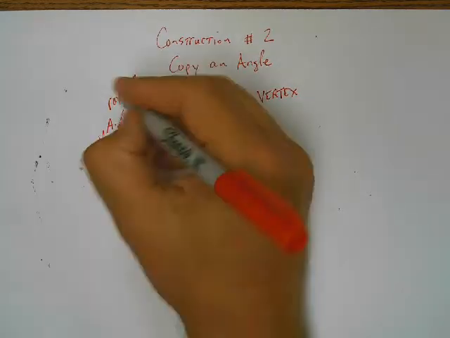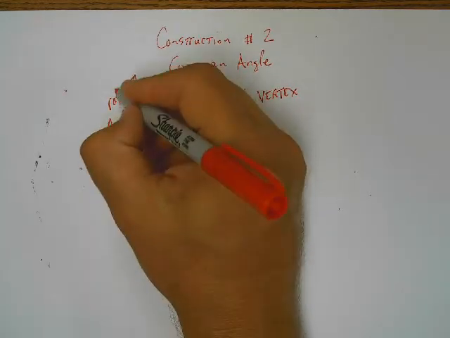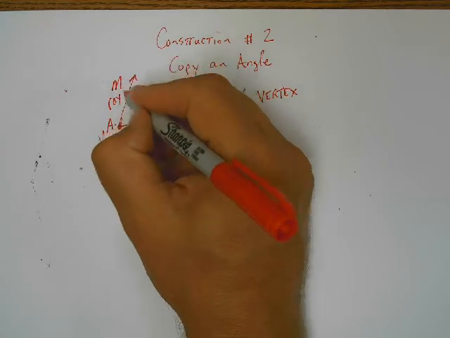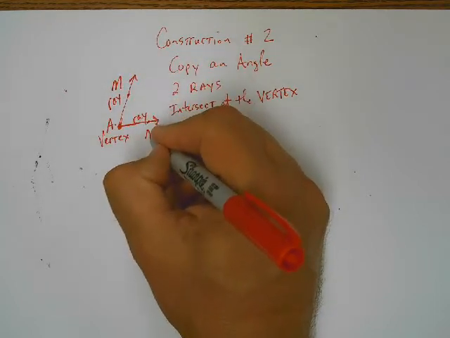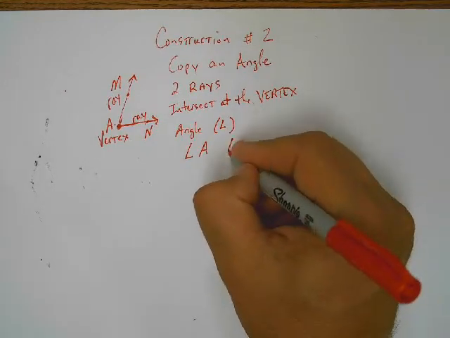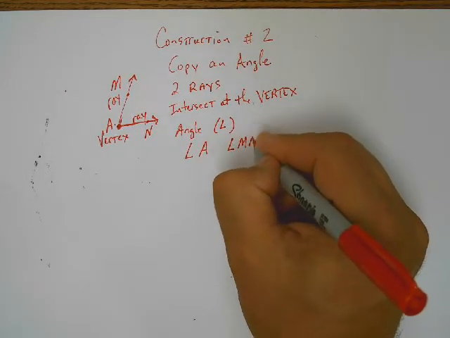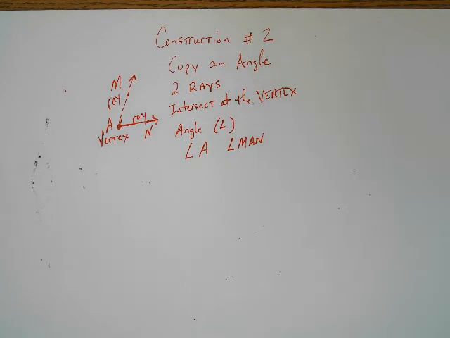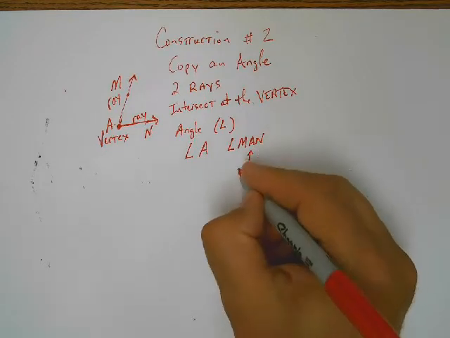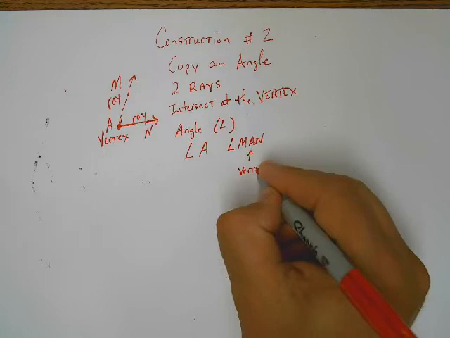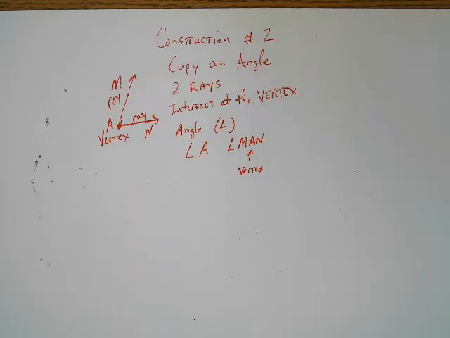Sometimes we can use 3 letters. So let's say there's a random point out here, M, and there's a random point out here, we'll call it N. And so we can have angle M-A-N. Whenever we have 3 letters to denote an angle, the middle letter is always the vertex.